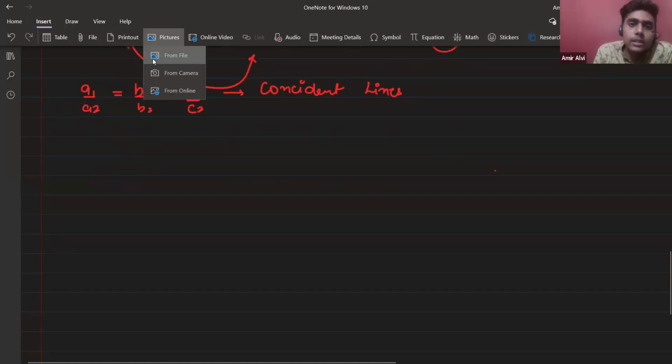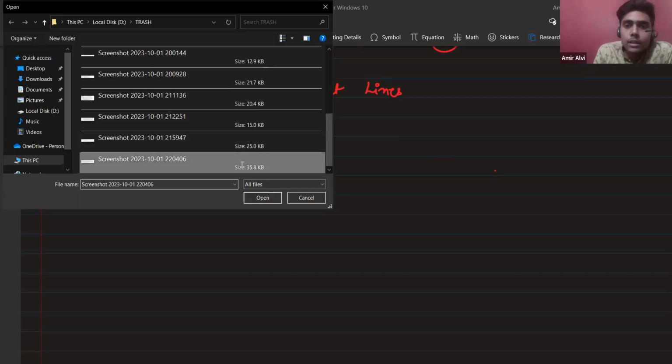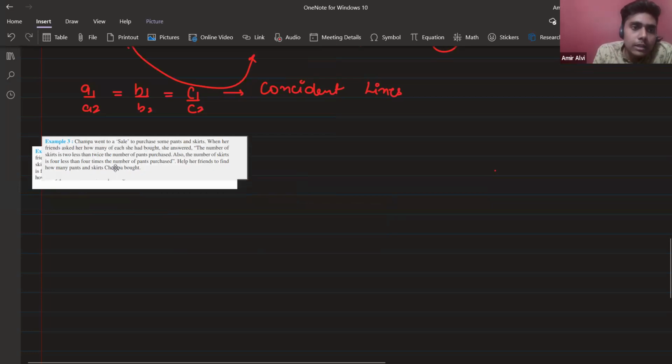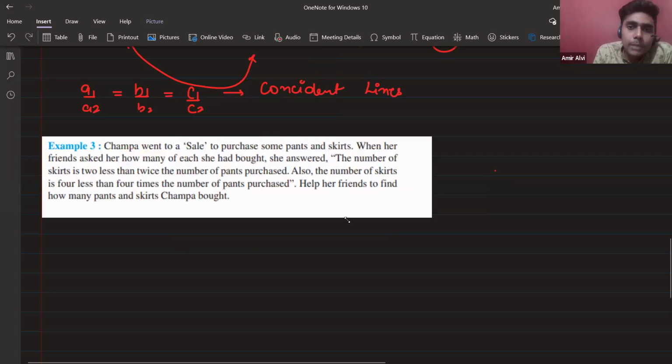NCERT has given it in the starting stage, but I'm taking it later because you will not be able to solve these kinds of questions without algebraic methods. If you don't know how to form a linear equation from word problems, you won't be able to understand this topic as well. That's why I've taken this last. Okay, solve it. You just have to form the equation.